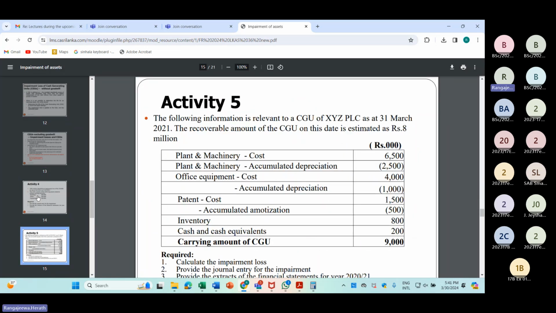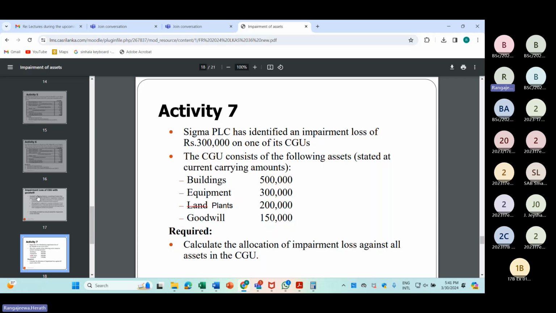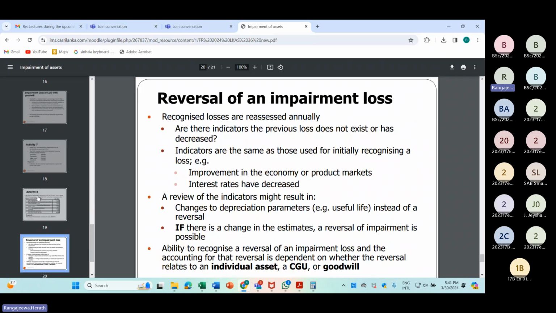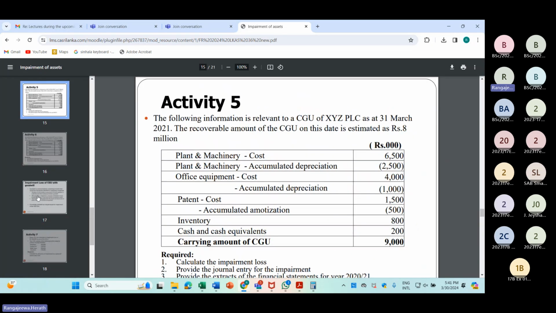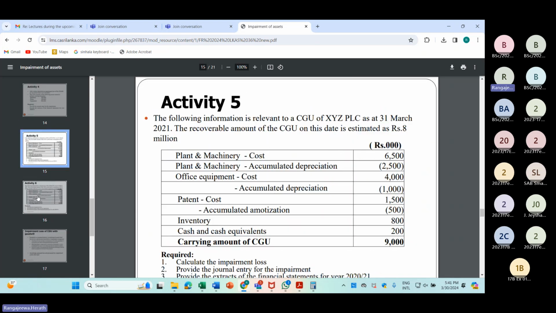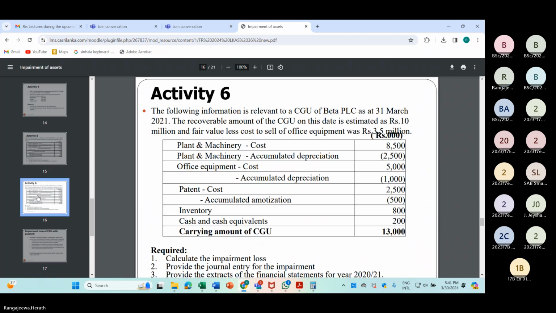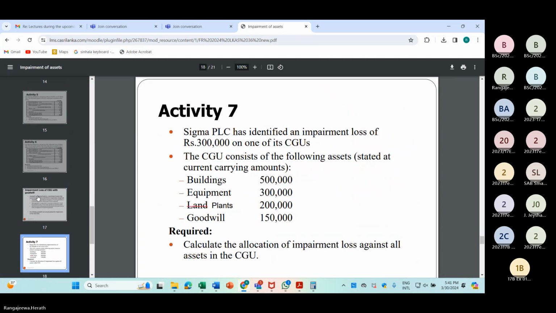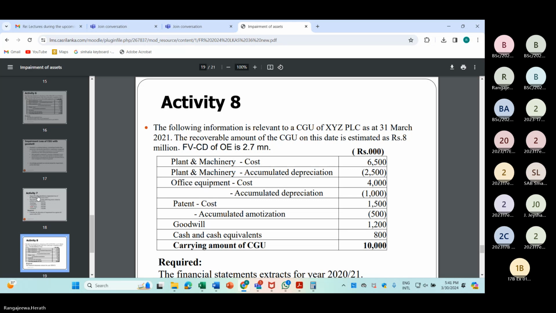So this activity 5, 6, 7, and 8 discuss cash generating unit with goodwill and with some assets not subject to impairment.